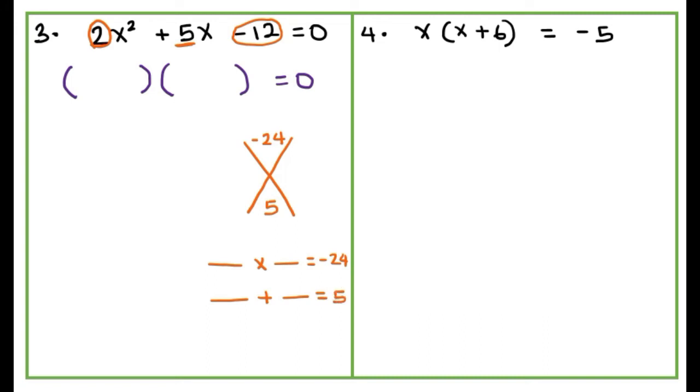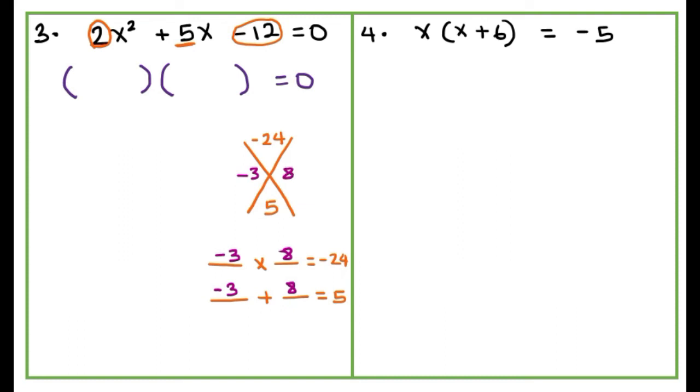Like you have seen already, these numbers will be negative 3 and 8. Negative 3 times 8, we get negative 24. But also, negative 3 plus 8, we get 5. So we have got negative 3 and we have got 8.